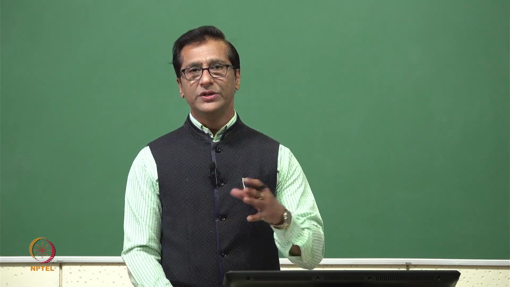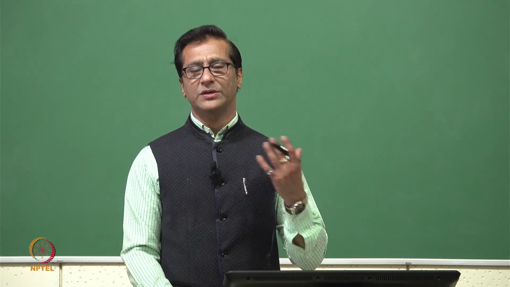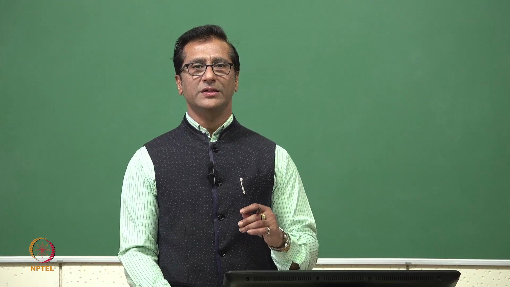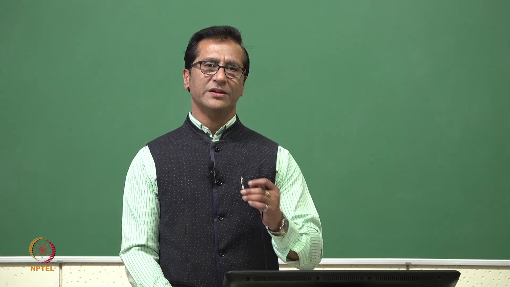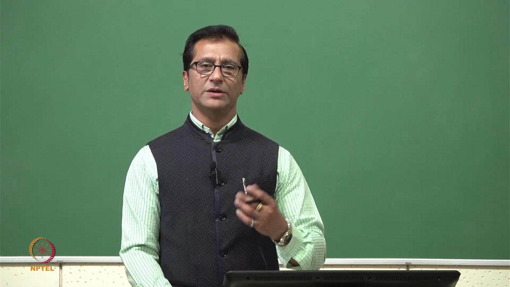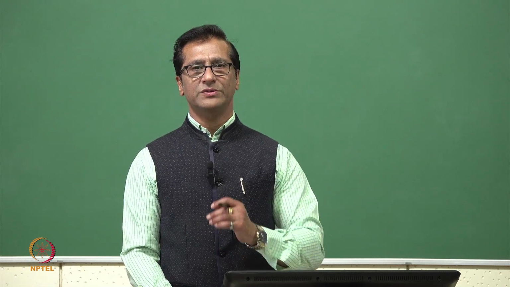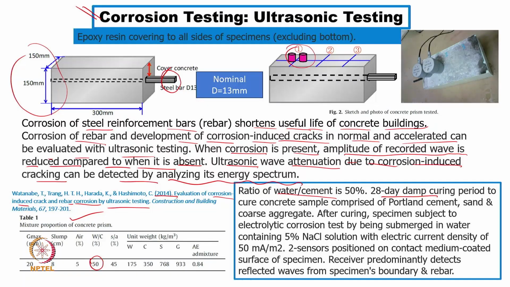And then once the curing time of 28 days is over, they were subjected to the electrolytic corrosion test, by submerging in saline water, and that's why 5% saline water was utilized for this purpose. That's why using the 5% NaCl water with electric density.